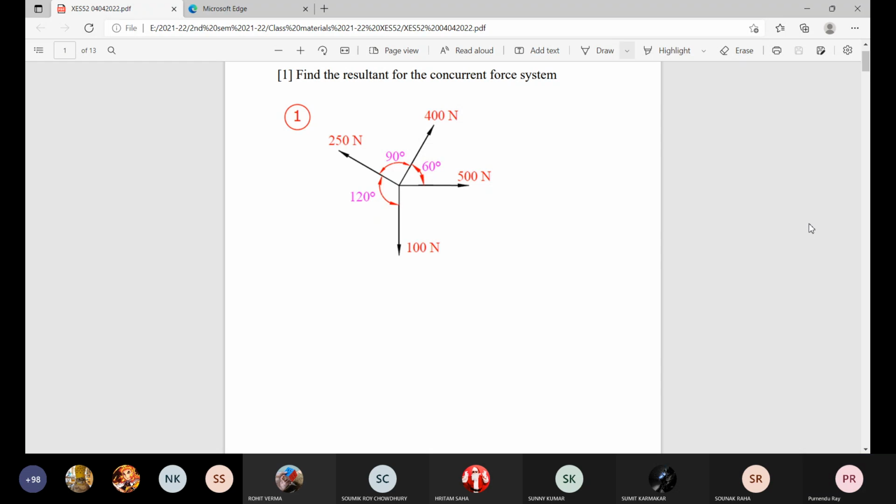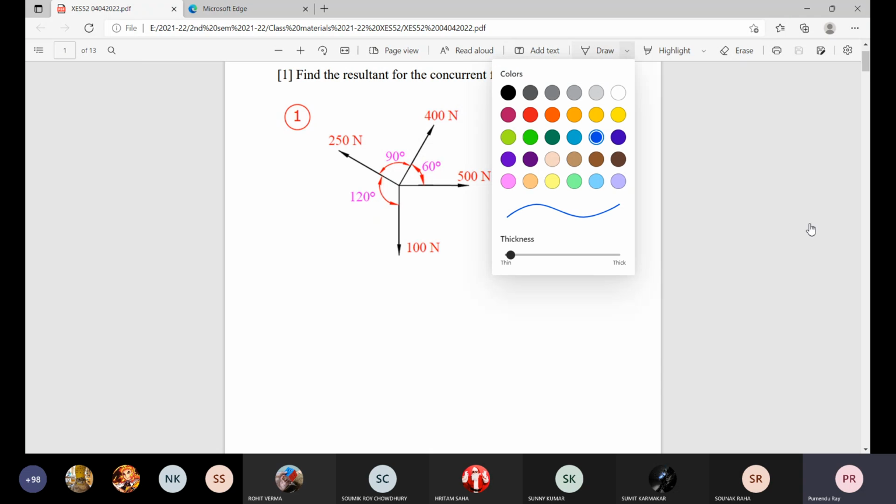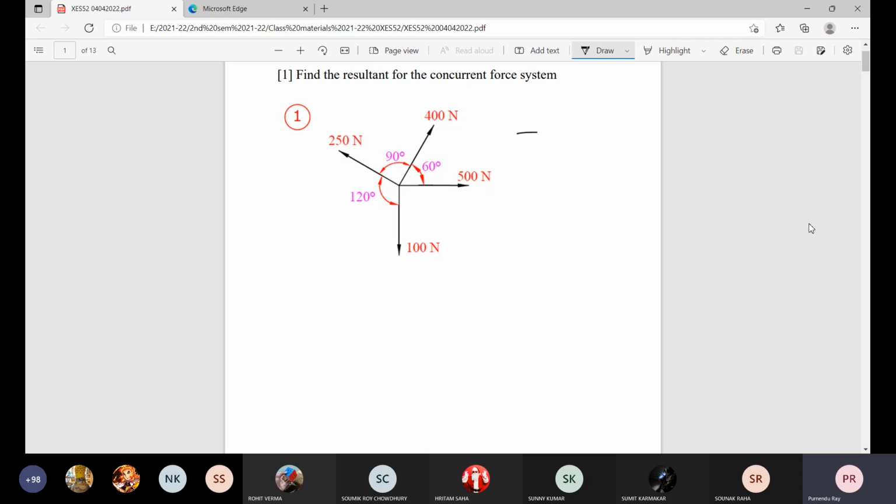So what we do? First of all, we identify two directions, x and y. Then we get the sigma fx value and we calculate the sigma fy value.